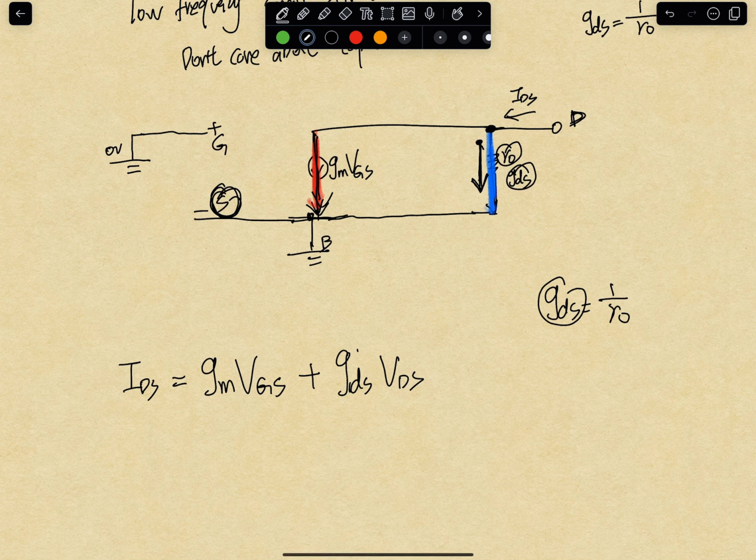I like to use GDS because we are considering transconductance here. GDS and RO are the same thing, just different ways to represent this resistor. GDS means conductance across drain-source. So that's the small signal model of this one.